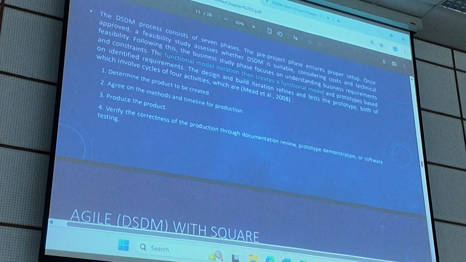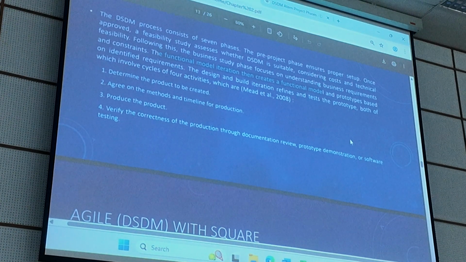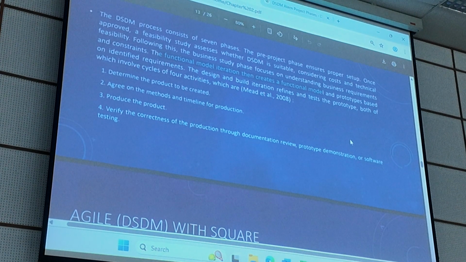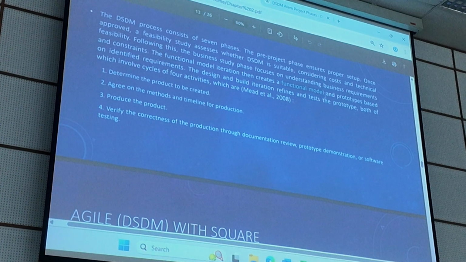Then after that, you start to implement and develop it, and then you have your prototype. Then we may come to another iteration for other parts, or maybe you continue with other parts.